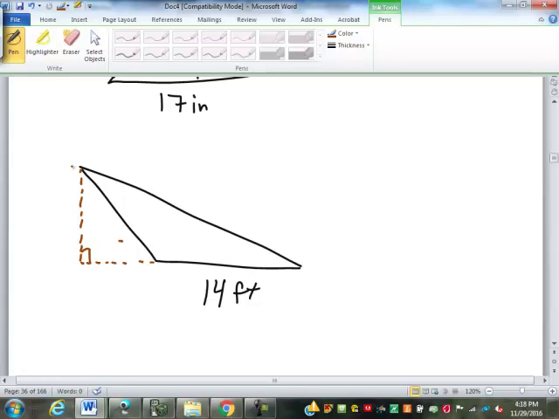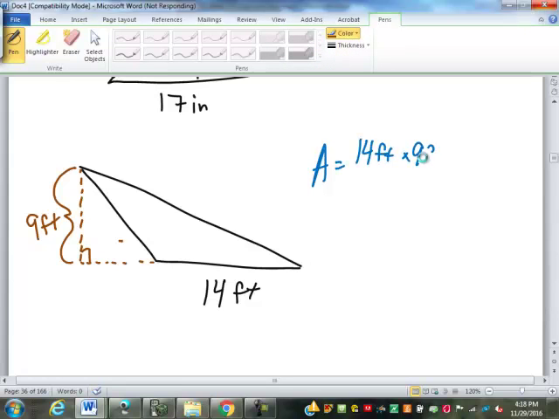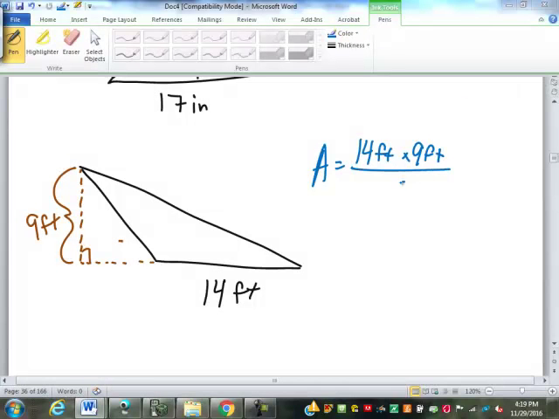This is still the height of this triangle. And let's say that that is 9 feet, that's more proportional. The area of this triangle is still just the 14 feet times the 9 feet divided by 2, or 63 square feet.